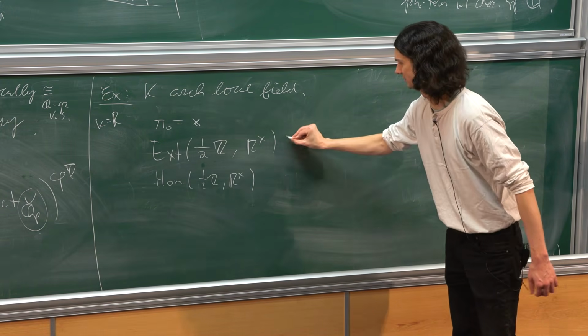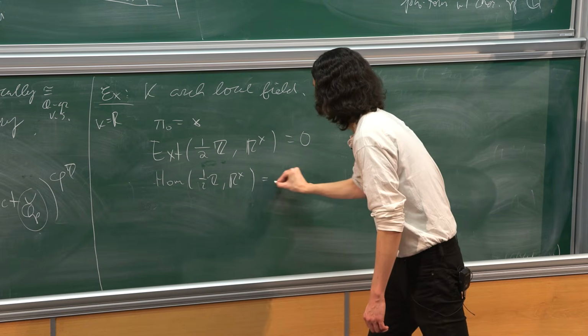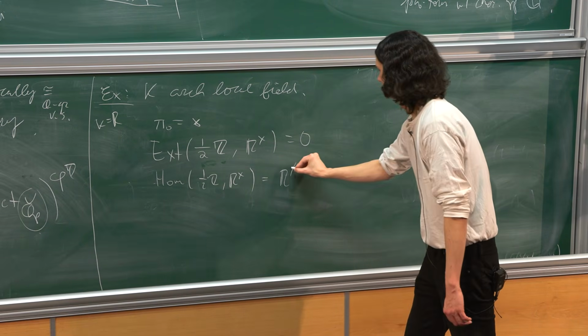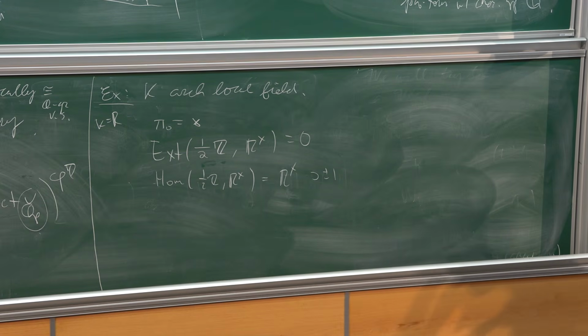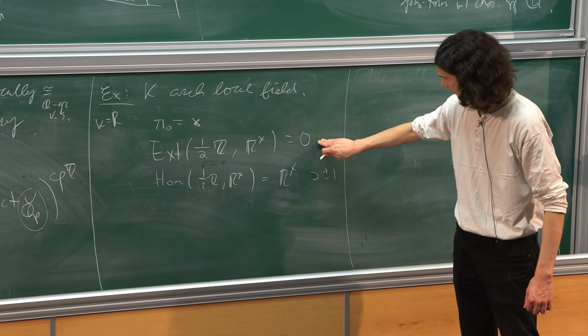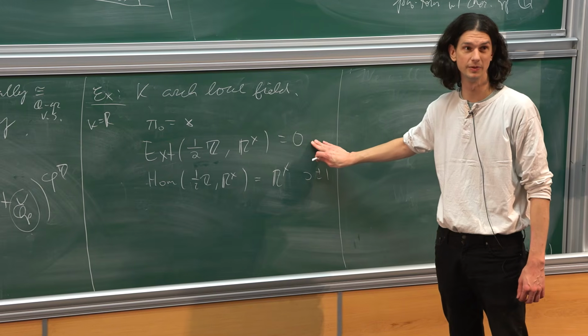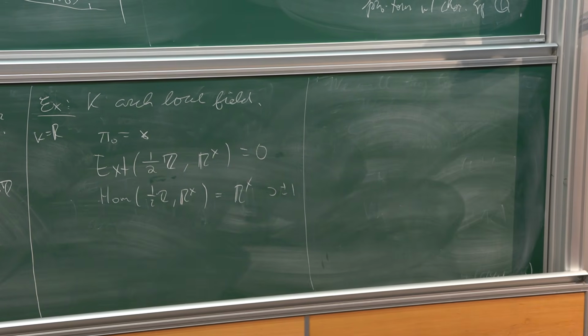Okay, but this Ext group is 0 because this is projective, and this Hom group is just R cross. And again, by passing to norm 1, you can reduce this ambiguity to plus or minus 1. So in the Archimedean case, there is a refined class formation which is unique up to isomorphism, and the isomorphism is unique up to sign.